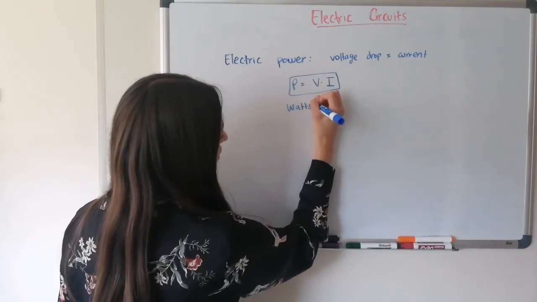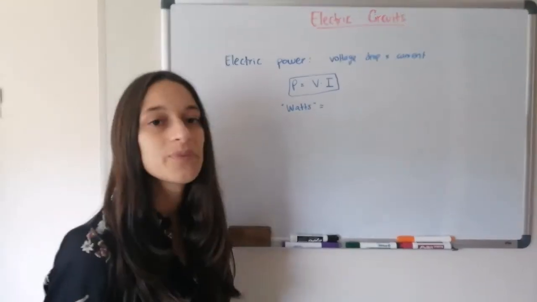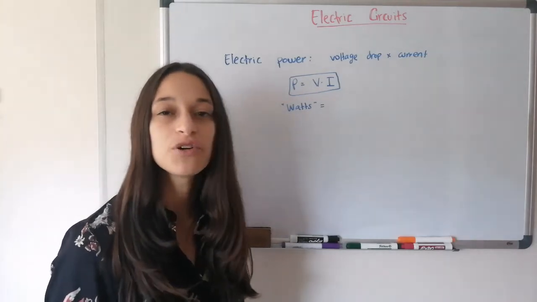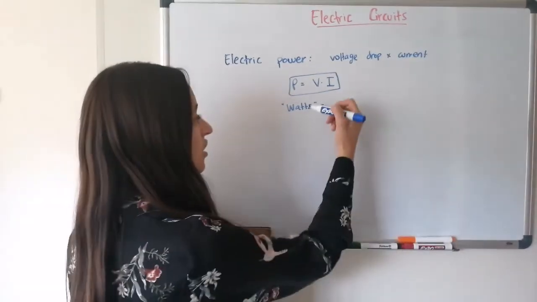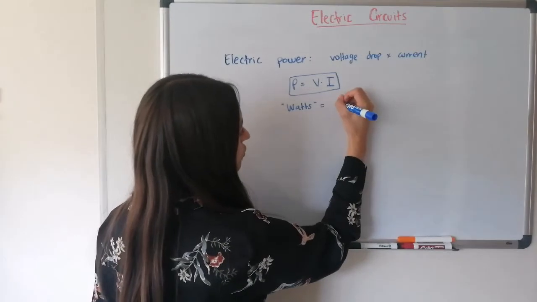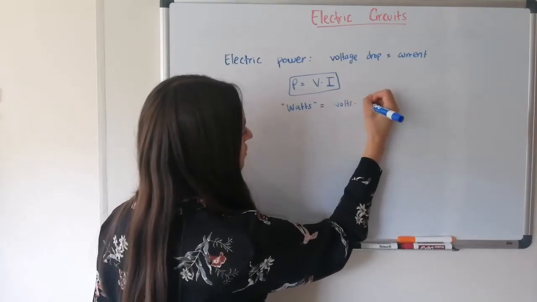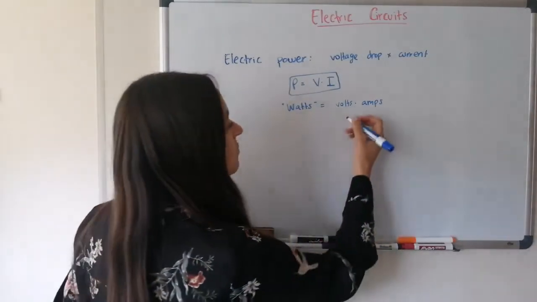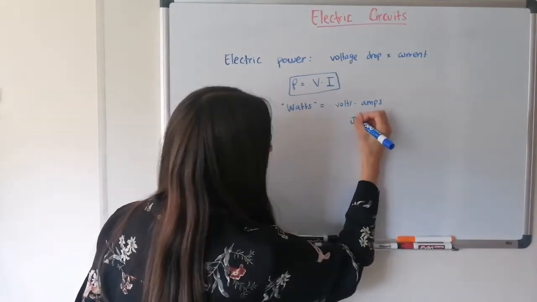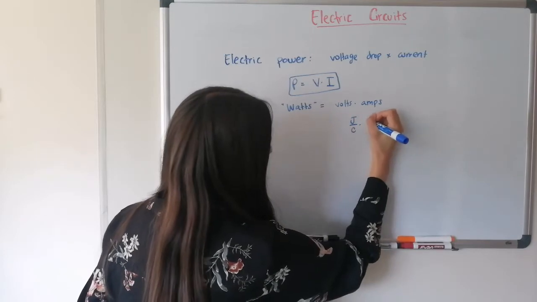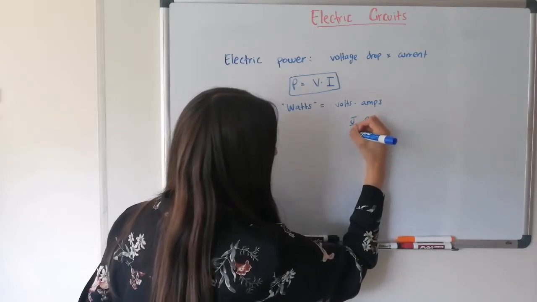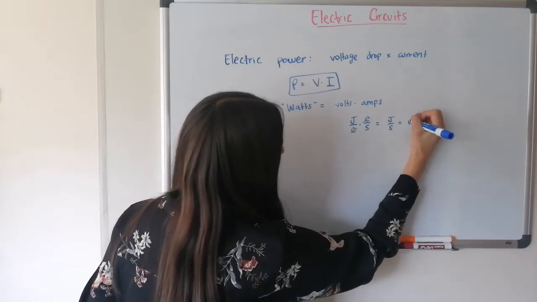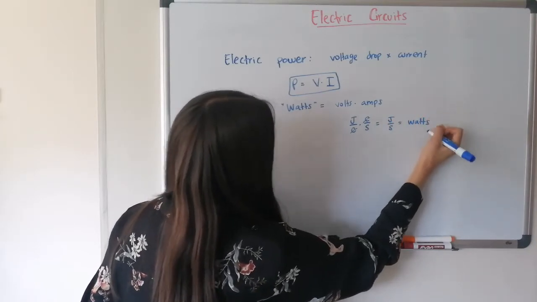We've seen power before, so it can be defined as joules per second, as we had defined it before in previous years, or according to this equation, the unit watts also means volts times amperes. And this actually makes sense, because volts is defined as joules per coulomb, and amps is defined as coulombs per second. So this cancels out and gives joules per second, which we had already defined before as watts.